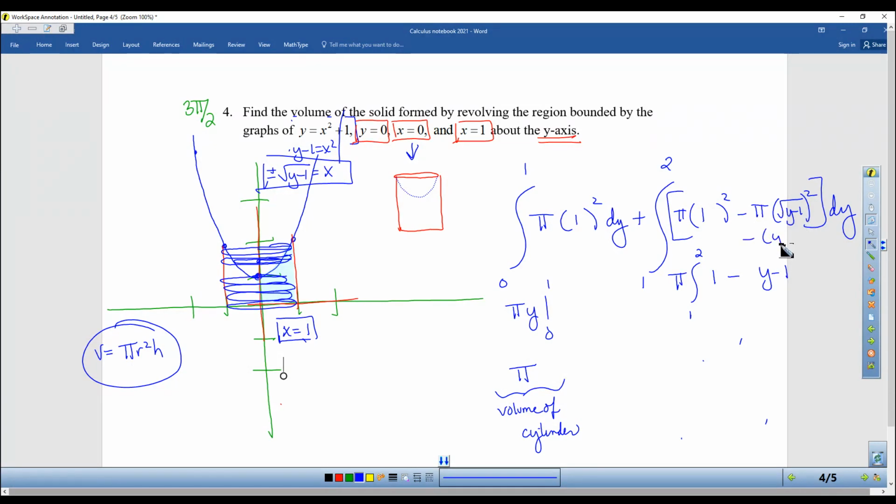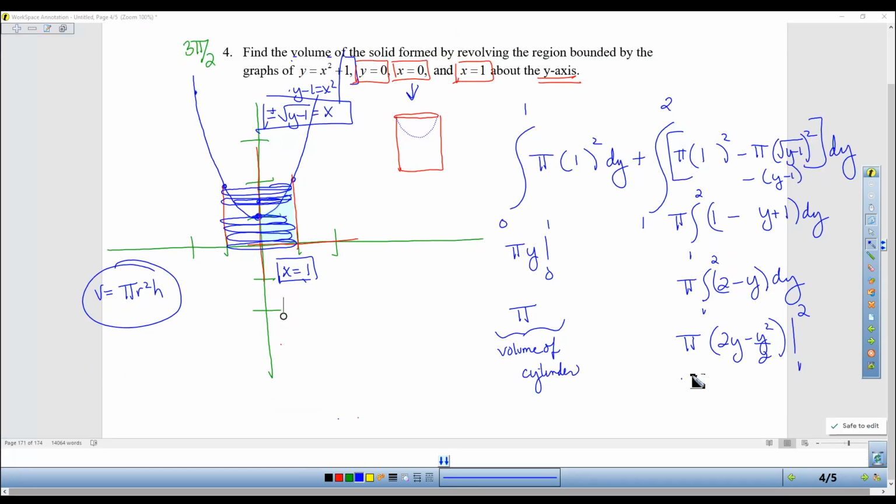So it's minus the y minus 1, which is going to make this minus y plus 1 dy, which is going to be pi from 1 to 2 of 2 minus y dy, which is pi times 2y minus y squared over 2 from 1 to 2, not a 0 this time.